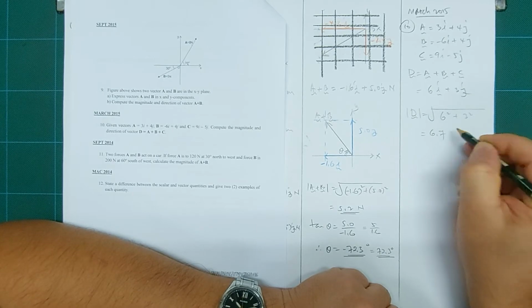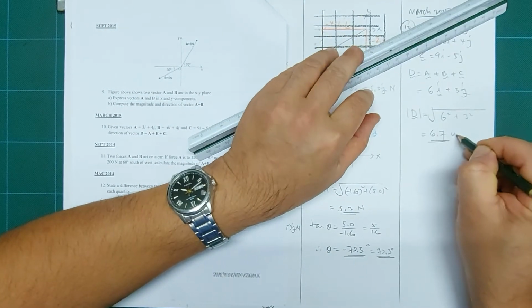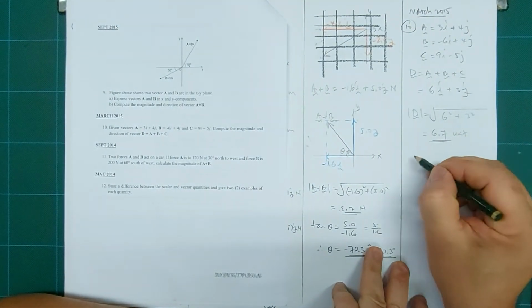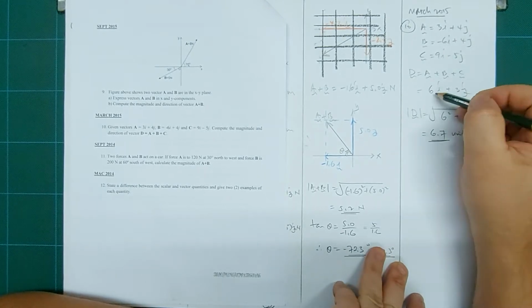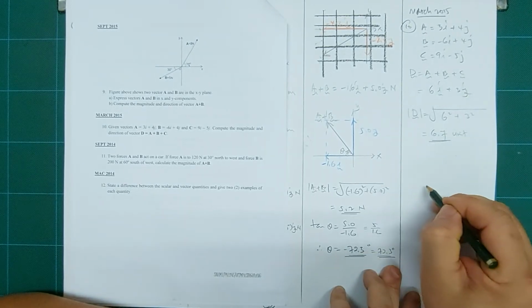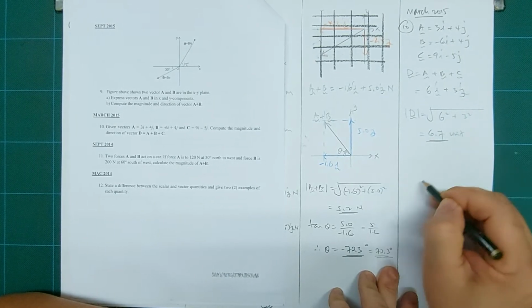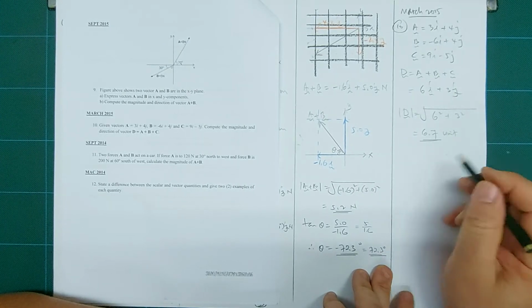The unit is not given, so the magnitude is only 6.7 units. Put something like that, so that you don't get confused. And then the angle: you imagine the i is pointing to your right and the j is pointing up. So the vector is somewhere in the first quadrant, and our angle is from the positive x direction.